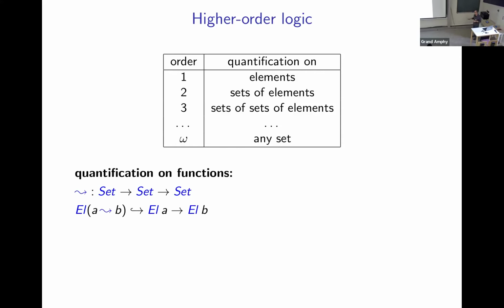And then to say how we interpret this funny row as a type. Here we say the elements of A row B are the functions at the meta level, from element of A to element of B.